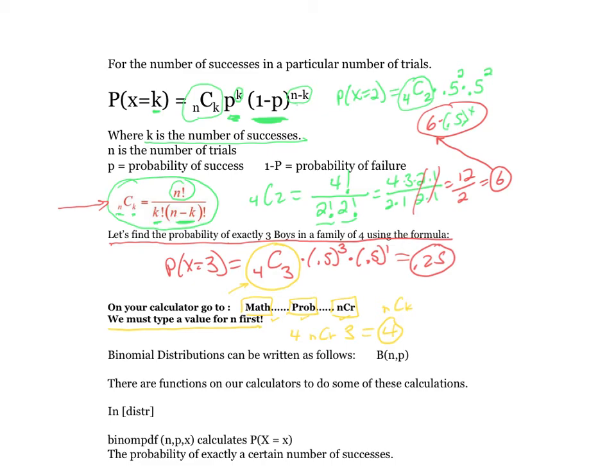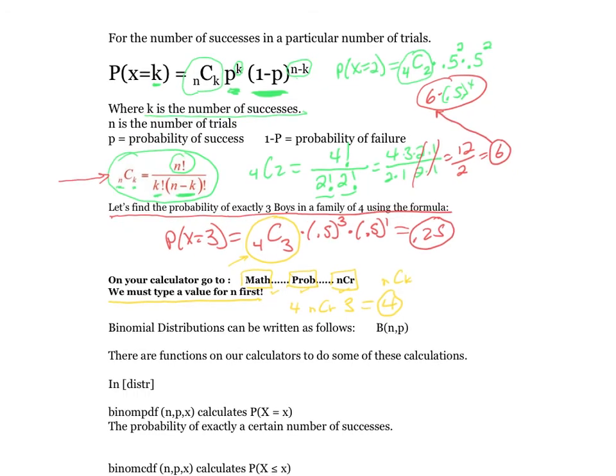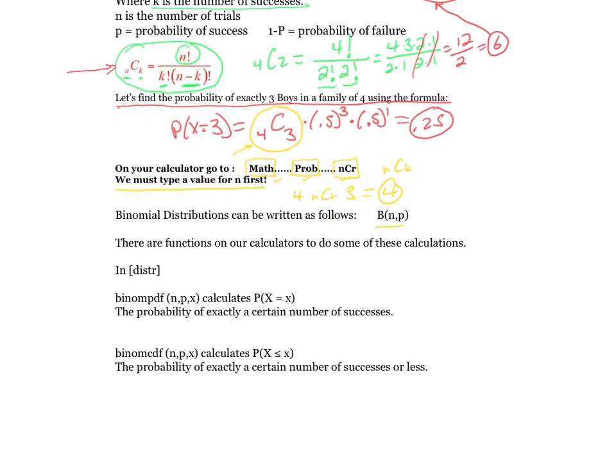Now, binomial distributions can be written as follows. You'll see a capital B followed by 2 numbers in parentheses. Hopefully you remember from when we studied normal distributions that if you saw a capital N with 2 numbers, it stood for a normal distribution with that mean and that standard deviation. So this stands for a binomial distribution, where N is the number of trials and P is the probability of success.